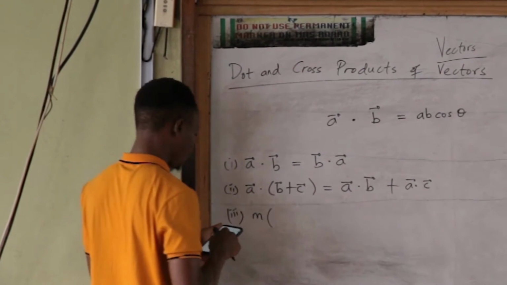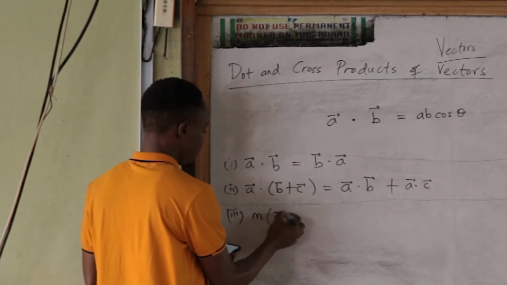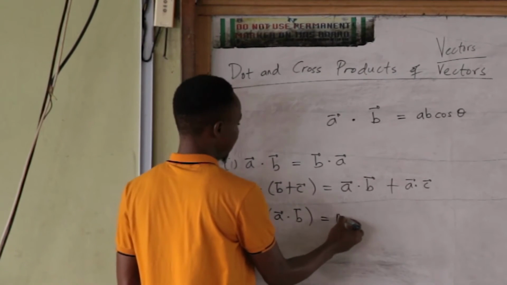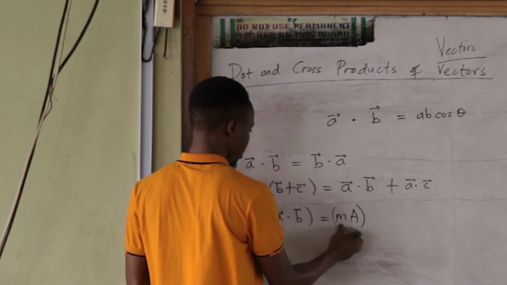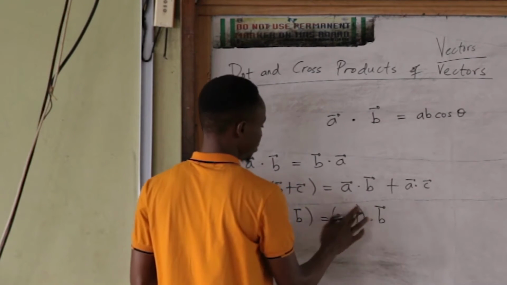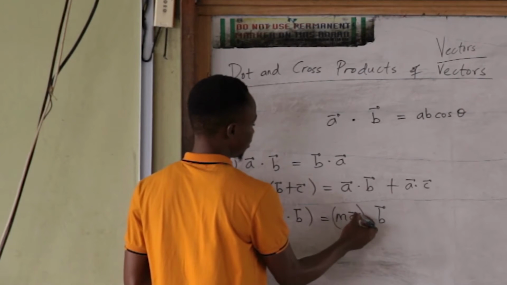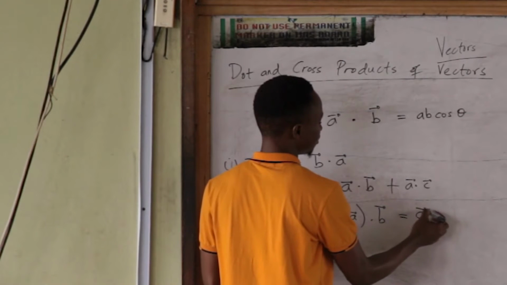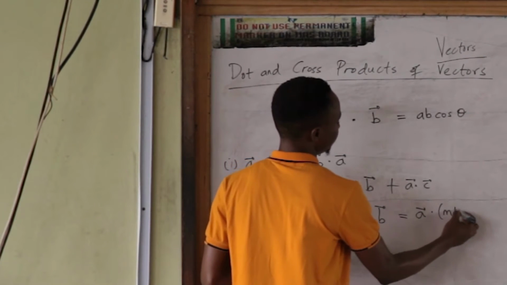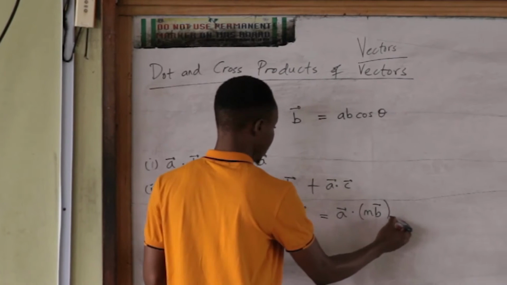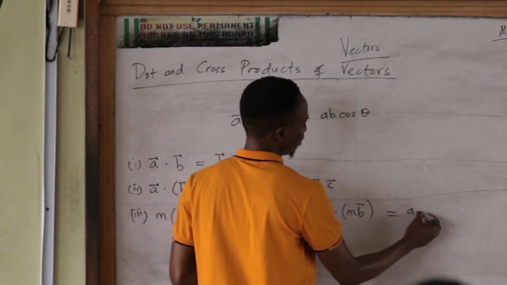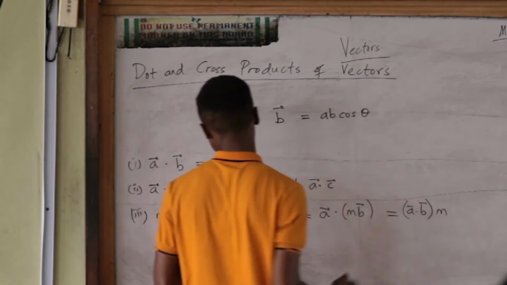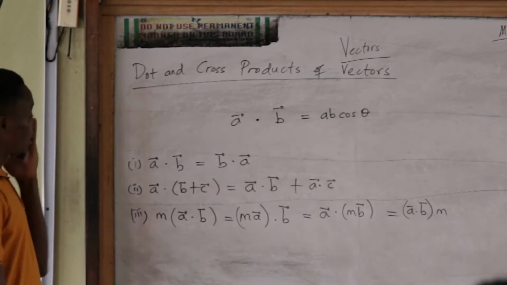When you come across them here, M into A dot B is the same thing as (MA) dot B, which is the same thing as A dot (MB), which is the same thing as A dot B multiplied by M. I hope you get this.